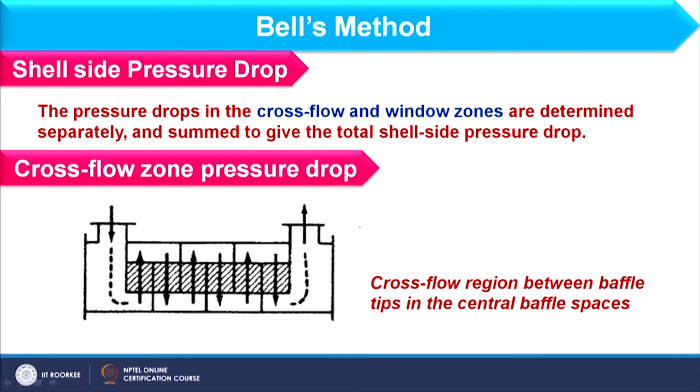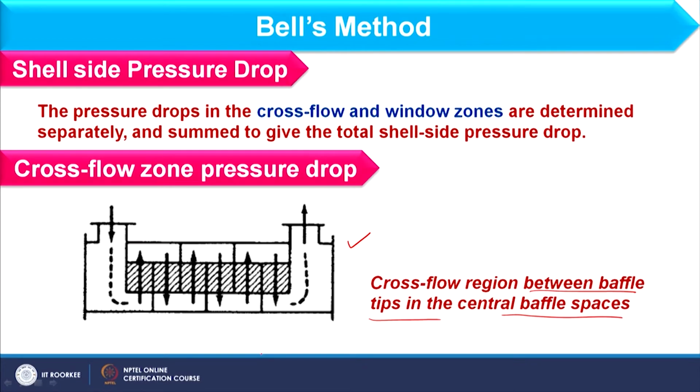As we have been discussing Bell's method for the last two lectures, you must be aware of the cross flow zone and the window zone. Cross flow zone is basically that zone which falls between two consecutive baffle tips. If you see this schematic, the cross flow region is shown between baffle tips in central baffle spaces.